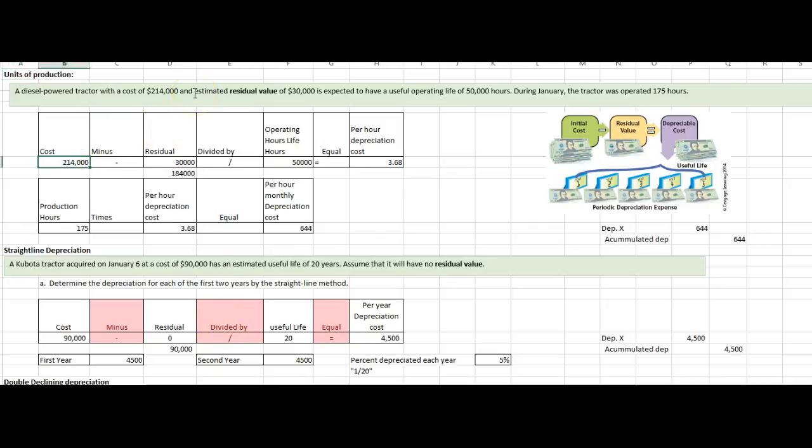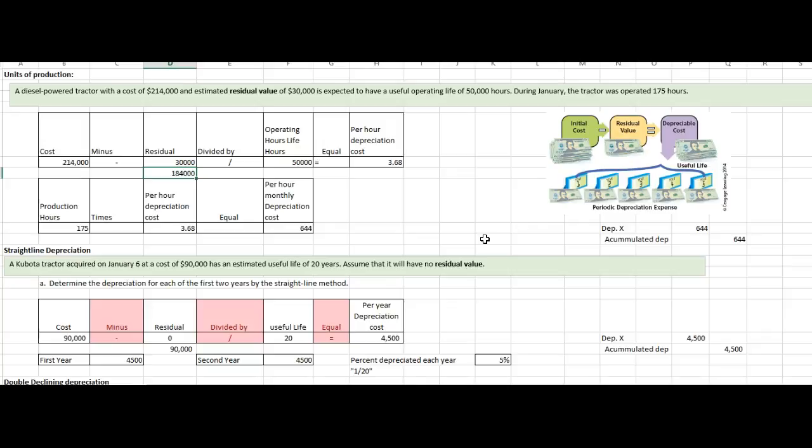When we get done with it, after a period of 50,000 hours, we should be able to resell it for $30,000. This means by taking that $214,000 minus the $30,000, we get $184,000 as its actual cost, or how much we're going to use of what we bought it for.